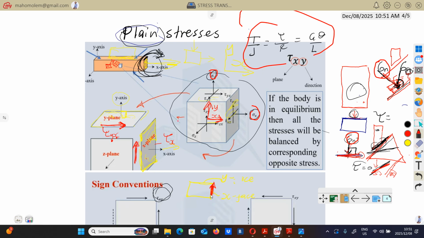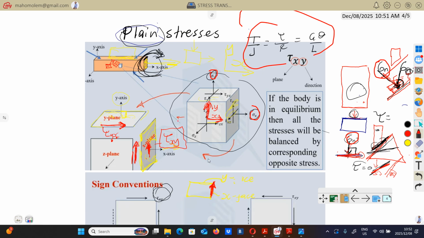This arrow is vertical. So vertical is what? It is y, the y direction. So we're going to have the shear stress acting here on the x face in this direction of y. So that's why we're going to name this stress x, y. Shear stress on the x face in the y direction.